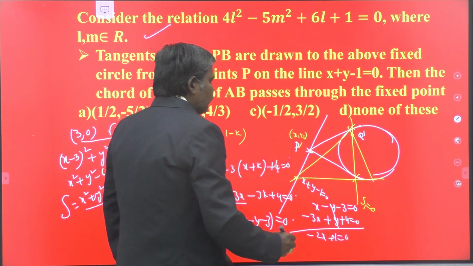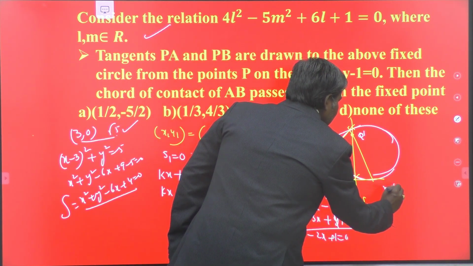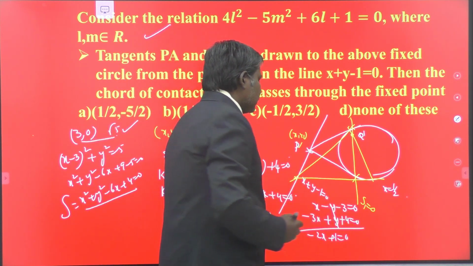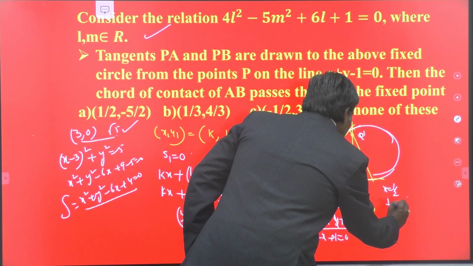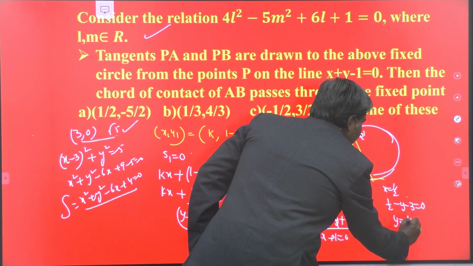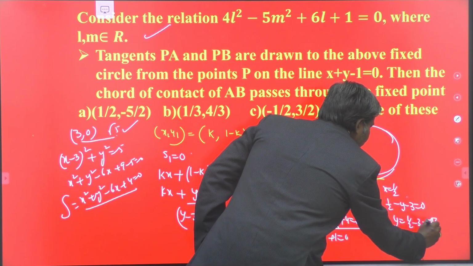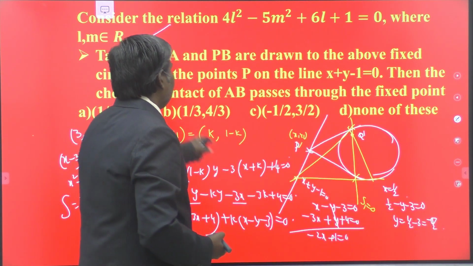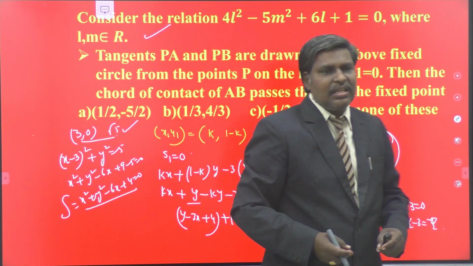So 2x = 1, x = 1/2. Substitute in this equation, we obtain 1/2 - y - 3 = 0. So y is what? 1/2 - 3, that is -5/2.